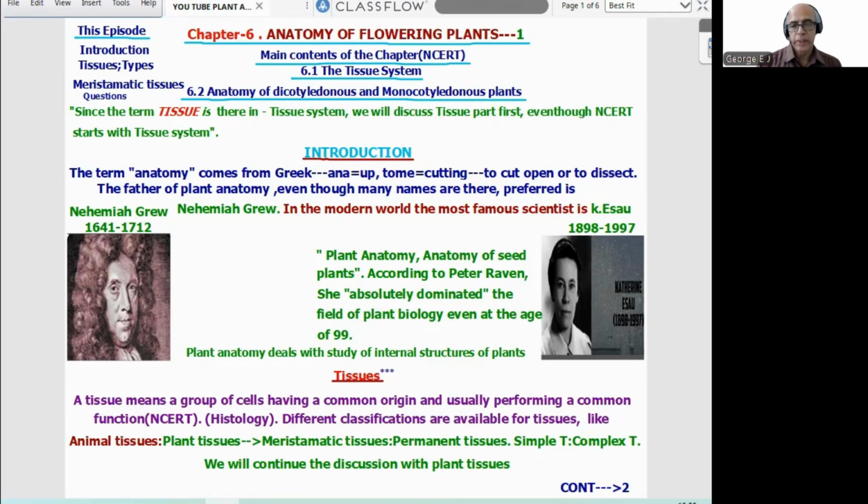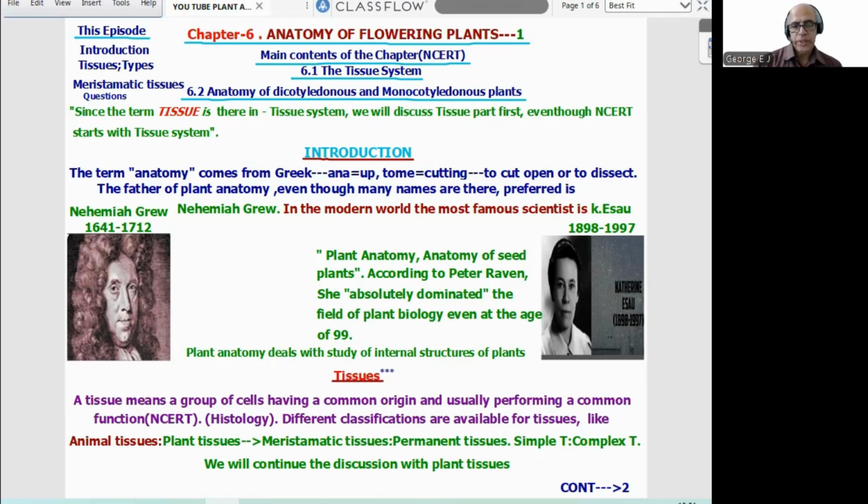Father of plant anatomy, even though some scientists' names are also mentioned, the more preferred is Nehemiah Grew. The photograph is given here, you can find. In the modern world, a great scientist in the field of plant anatomy, with a photograph in NCERT, is Katherine Esau. 1898 to 1997, there is a photograph of this great lady in NCERT, Ukraine born.